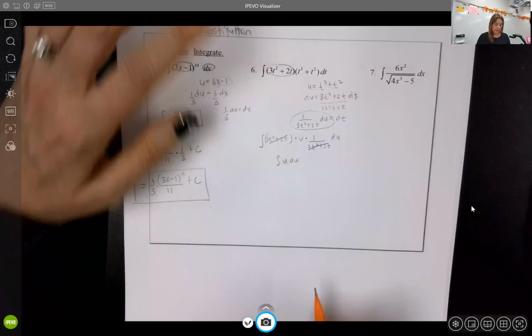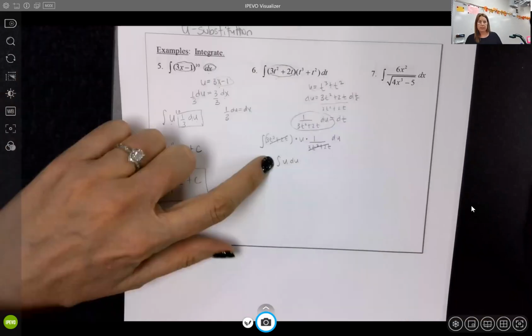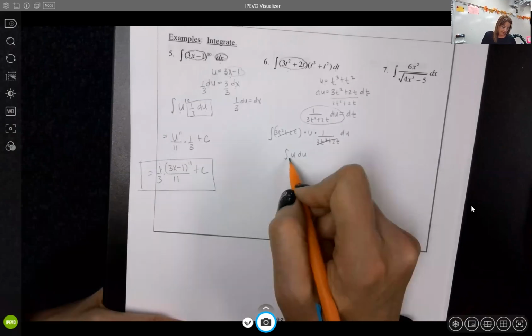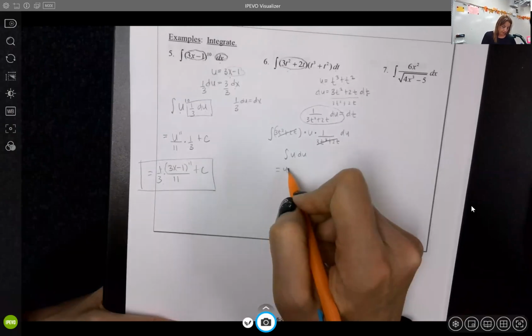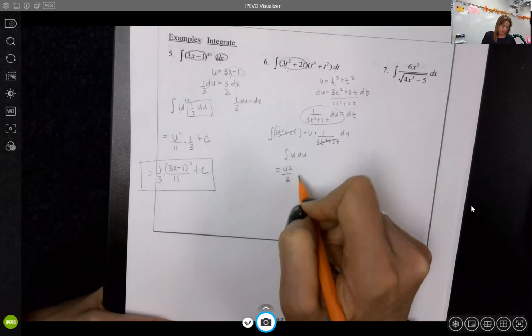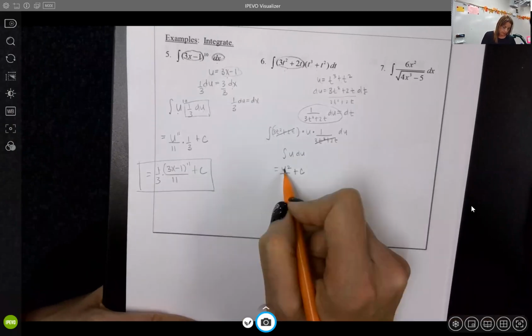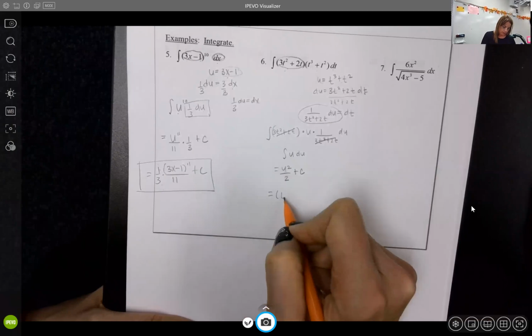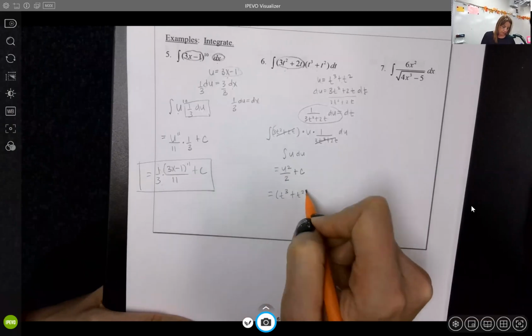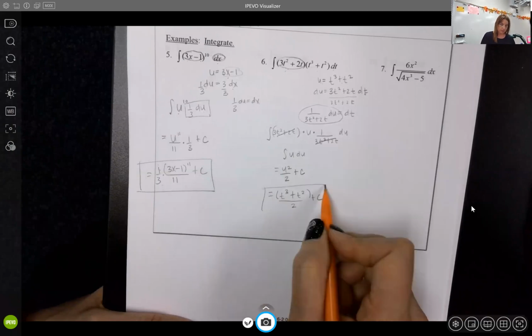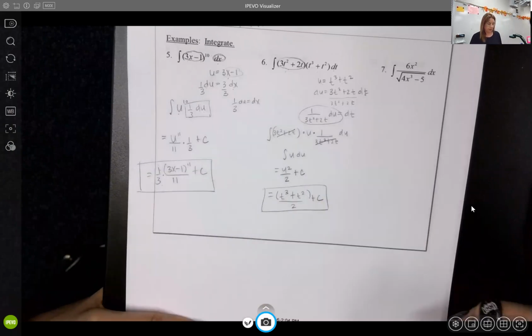You always want to write down what the final thing is before you take that integral. The integral of this is u squared over 2 plus c. Okay, then I plug in u, t cubed plus t squared over 2 plus c. And we get our answer.